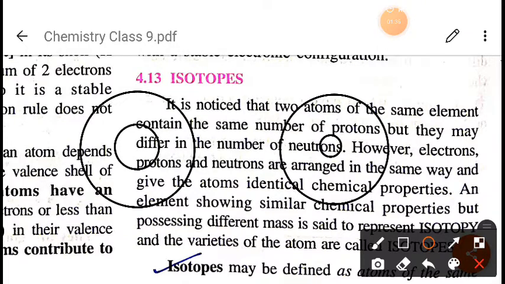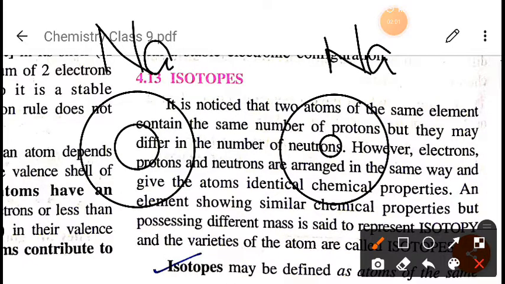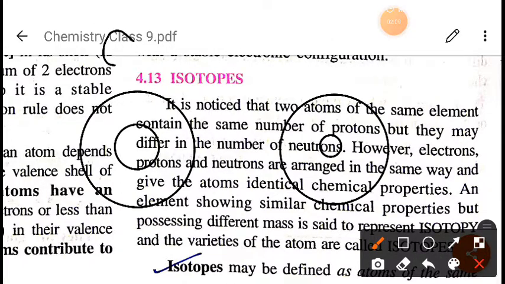This is an atom of sodium, and this is also an atom of sodium. Or we can take chlorine: this is an atom of chlorine, and this is also an atom of chlorine.